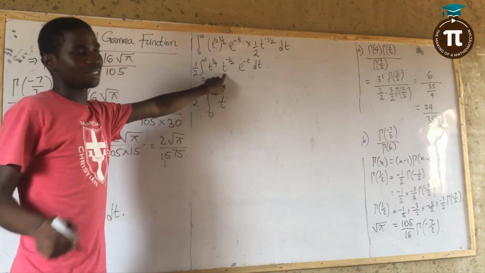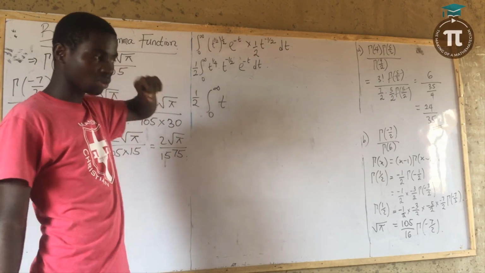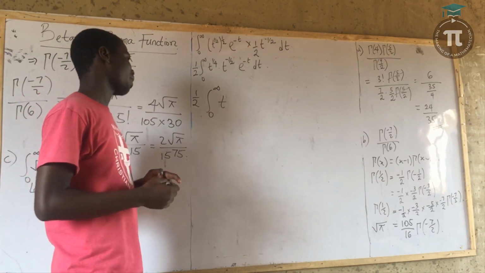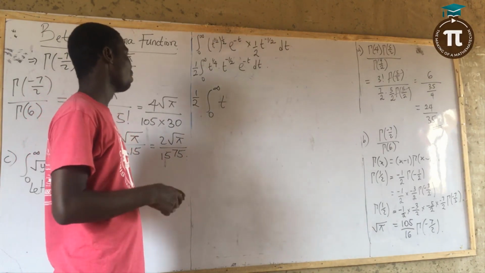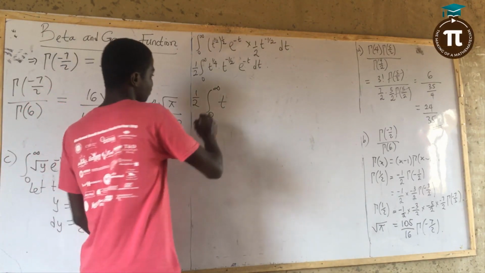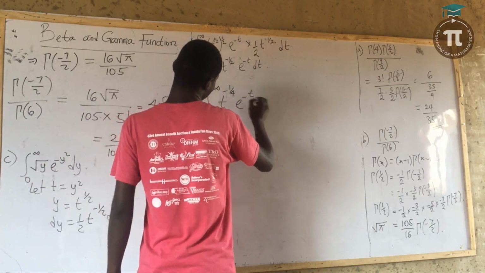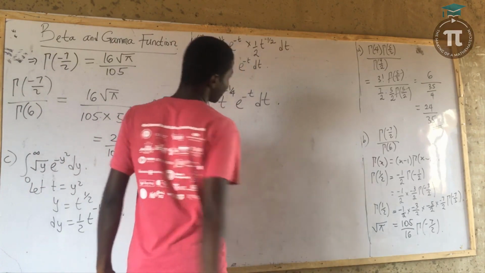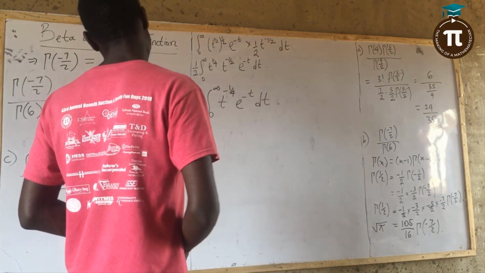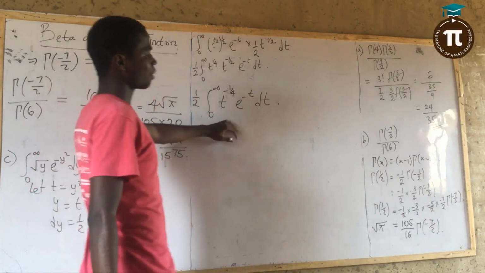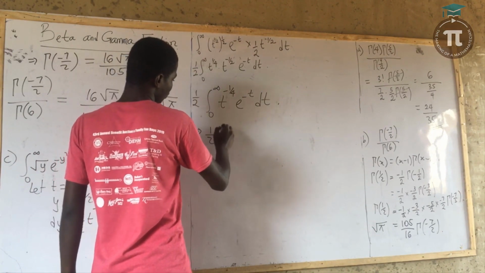So I have 1 over 2 integral from 0 to infinity. These are indices: 1 over 4 and minus 1 over 2. 1 over 4 minus 1 over 2 will give you minus 1 over 4. So t raised to the power minus 1 over 4, e raised to the power minus t dt. That's what I'm going to obtain. So this is the gamma function.